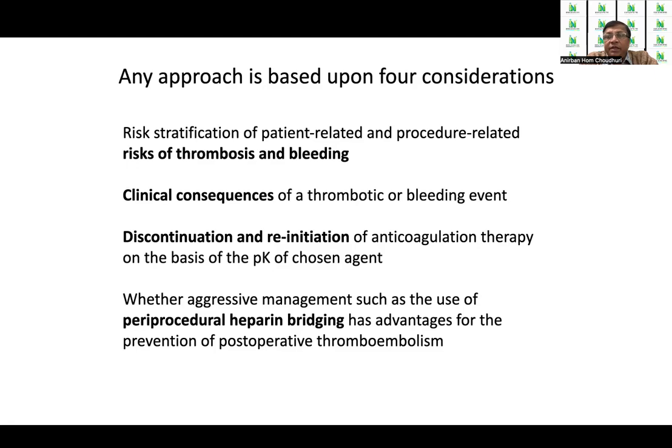Although thrombosis and bleeding are two diametrically opposite phenomena, there are many patients in whom there are risks of both occurring. For example, patients with liver diseases. We know that they are already in a prothrombotic state, and yet, because of the deficiency of certain factors related to coagulation, they are also at risk of bleeding.